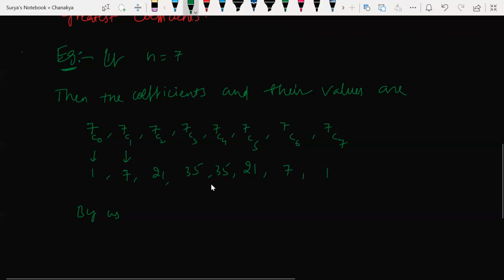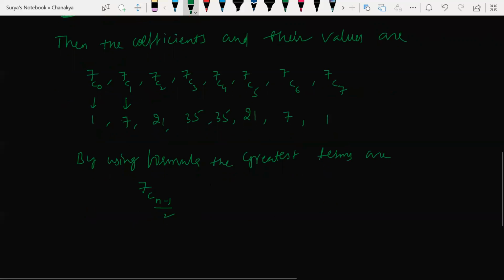By using the formula, the greatest terms are 7C((n-1)/2) or 7C((n+1)/2), right? 7C((n-1)/2) or 7C((n+1)/2). So that is 7C3 or 7C4, correct?